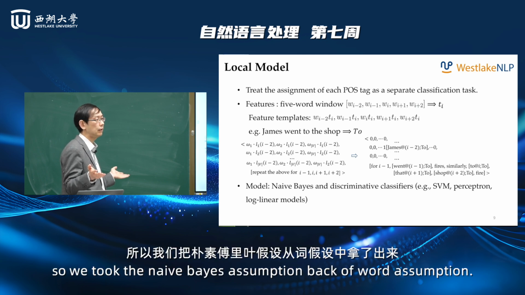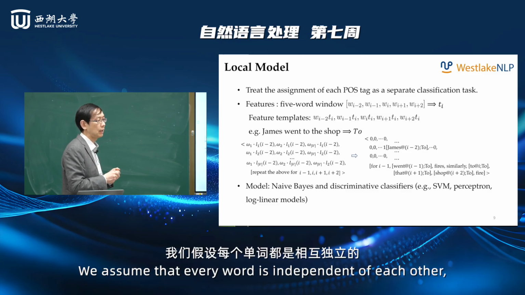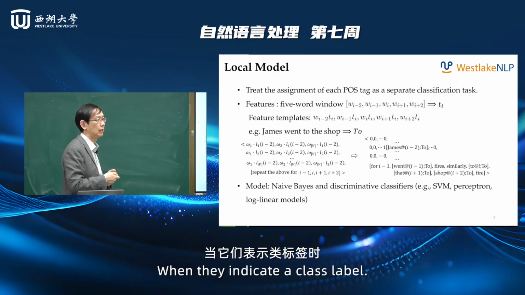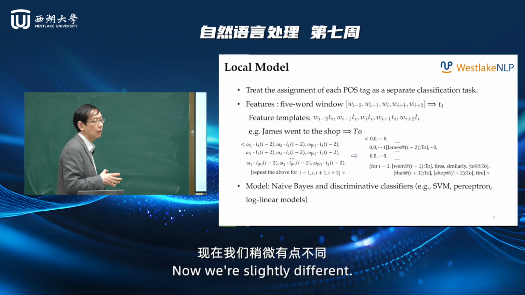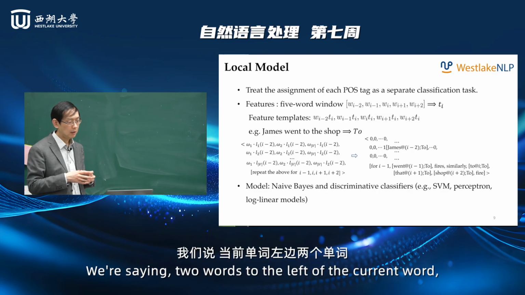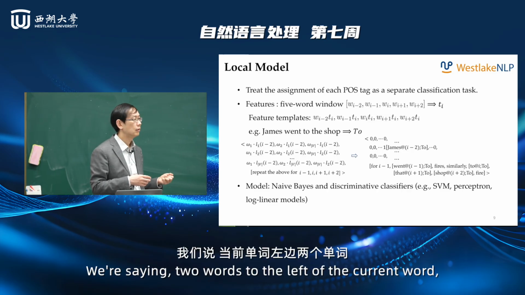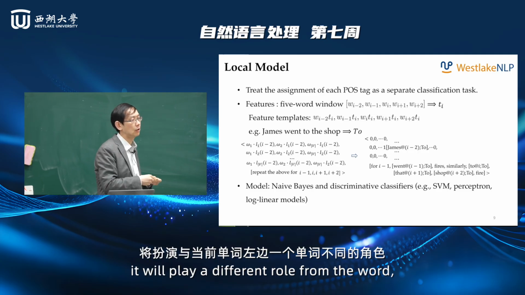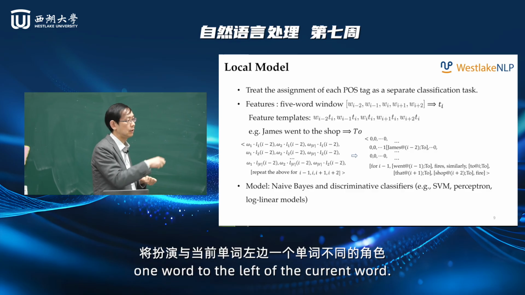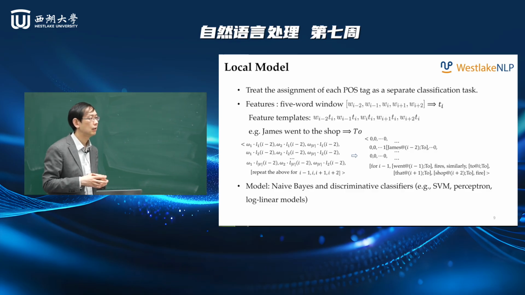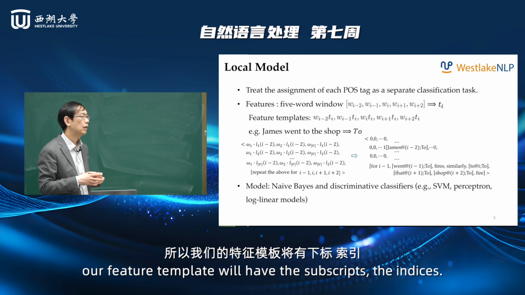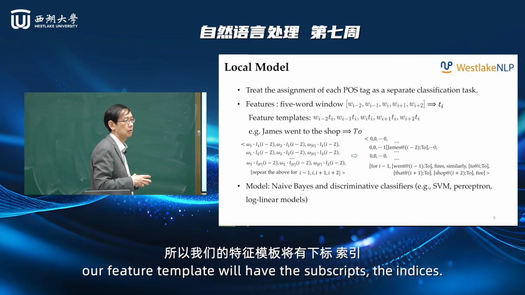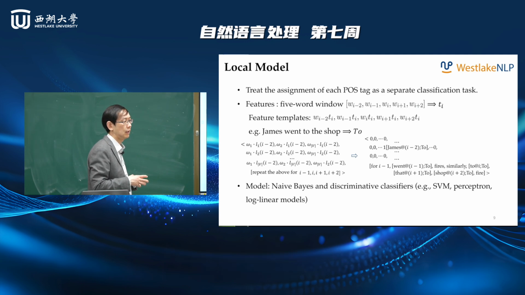So we took the naive Bayes assumption, the bag-of-words assumption, that every word is independent of each other when they indicate a class label. Now we're slightly different. We're saying the word 2 words to the left of the current word will play a different role from the word 1 word to the left of the current word. So our feature template will have the subscripts, the indices.